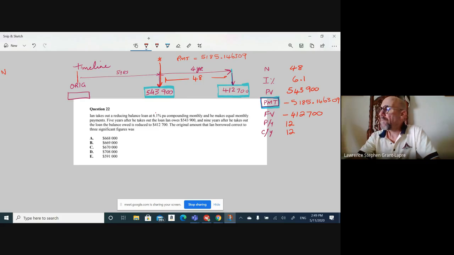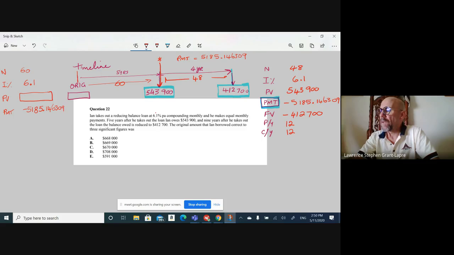Let's say we now go from this point in time, and this point in time across here would be 60 months. So we put 60 for N. The interest is still 6.1. The present value, that's what we do not know. That's the one we are trying to find out. The payment we found already is 5,185.146309 that we give the bank, so we'll put a negative there.